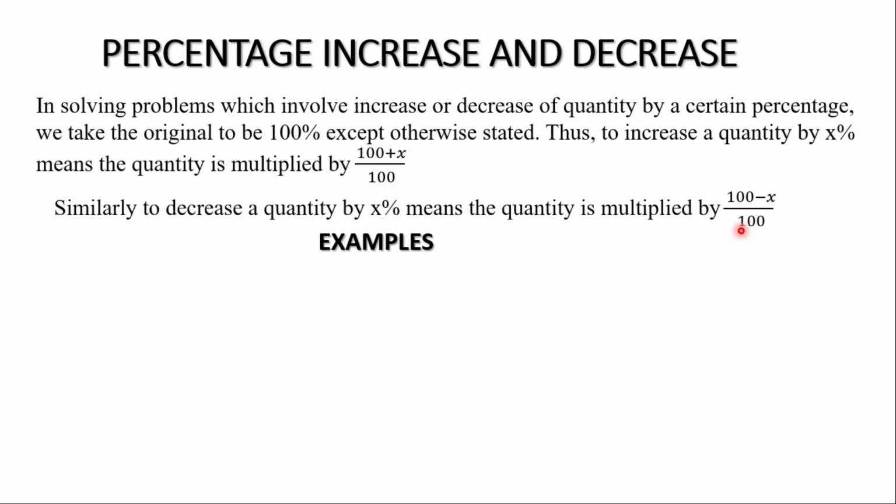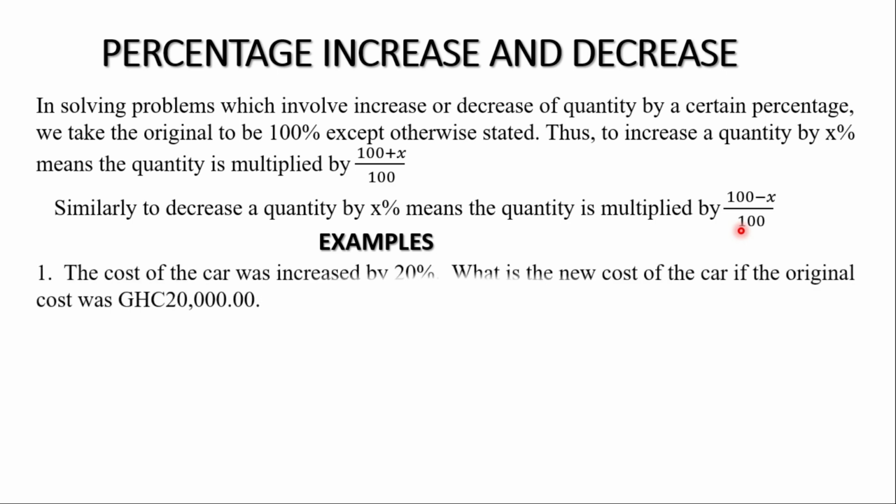Example. The cost of the car was increased by 20%. What is the new cost of the car if the original cost was 20,000 Ghana cedis? So the original cost was 20,000 Ghana cedis, which is equivalent to 100%.